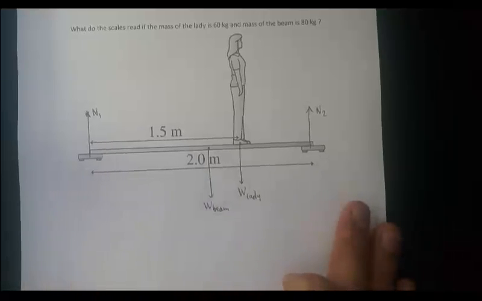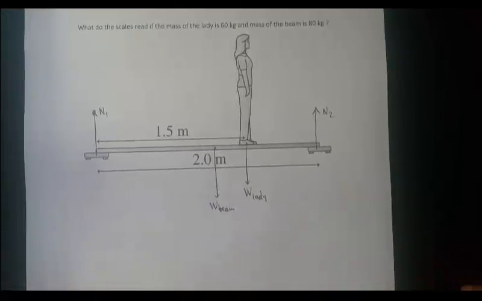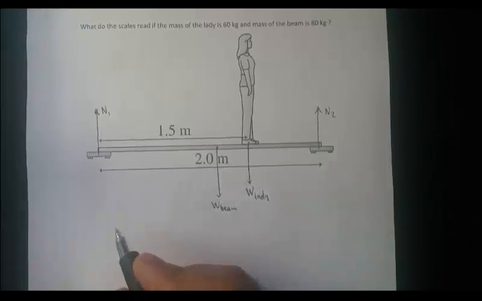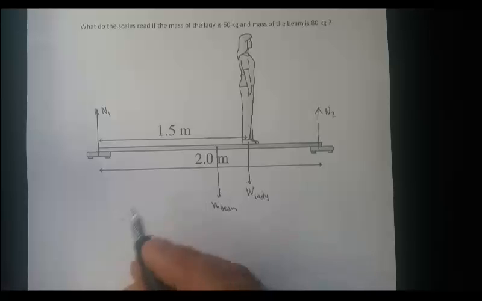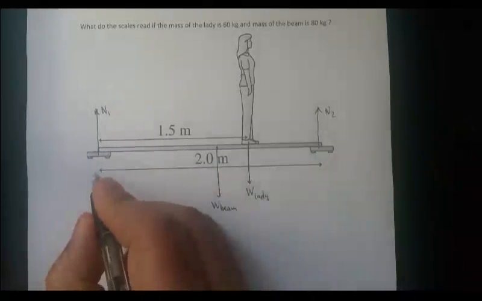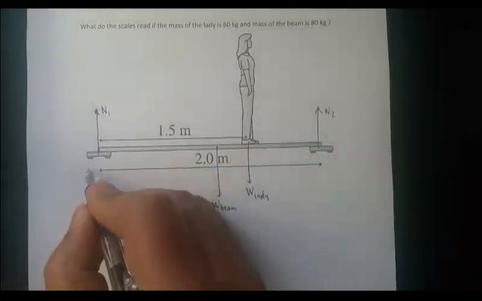So the next step before we apply the static equilibrium condition, if you remember the recipe, is to choose the appropriate origin. So always choose an origin where an unknown force is acting. We don't know N1 and N2, right? So you can choose one of them. It doesn't really matter where you choose the origin.